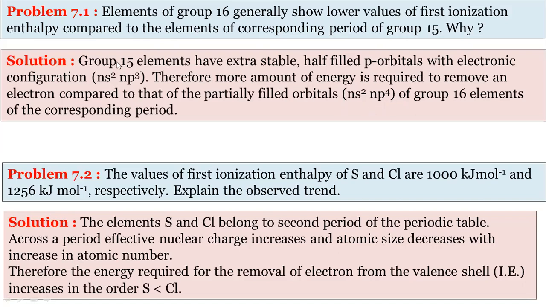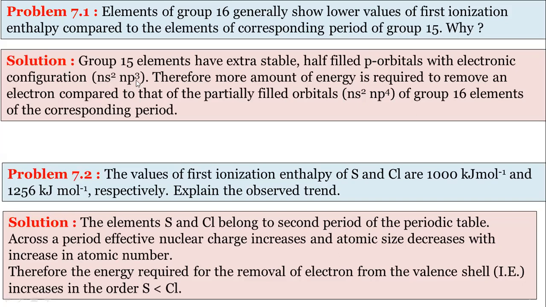In case of group 15, the nitrogen family, I want to discuss this problem because the outermost electronic configuration, or general electronic configuration, of group 15 elements is ns2 np3. We can see clearly there are only 3 electrons in the p orbital, and this is completely half filled because the capacity of p is 6 electrons.